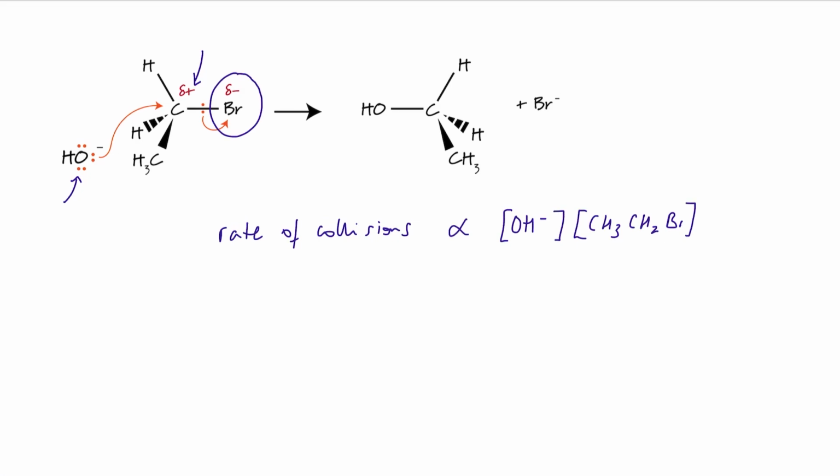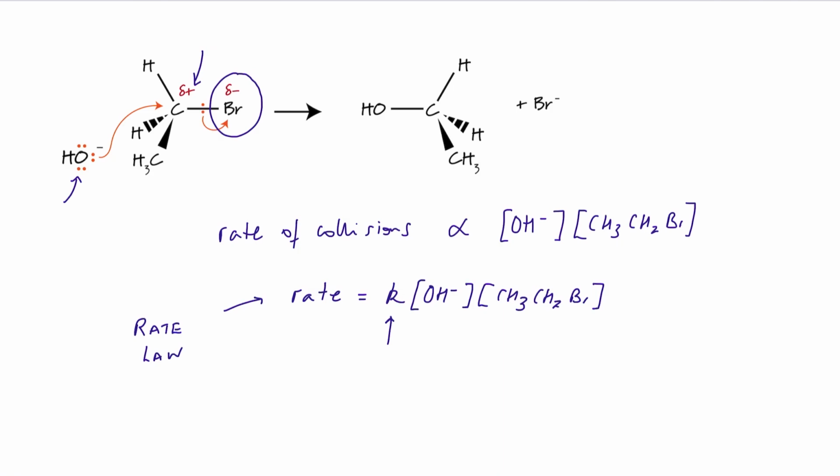We can express this as a rate law. And the rate law would look like such. Rate equals k [OH-] [bromomethane]. So that is our rate law, sometimes called a rate expression.